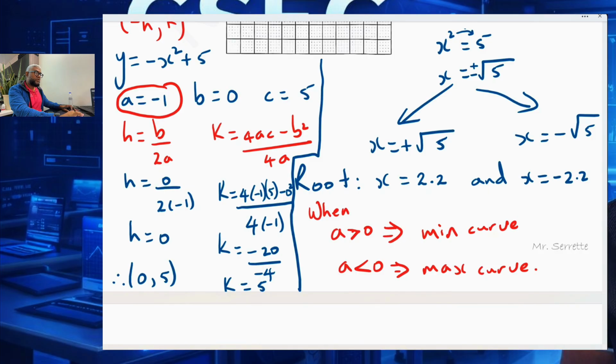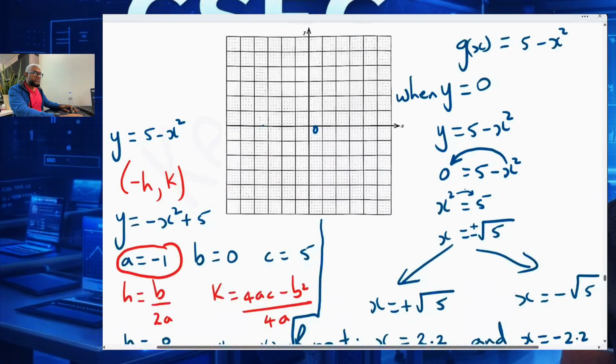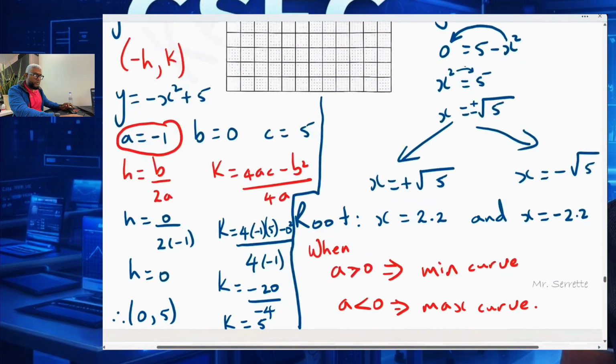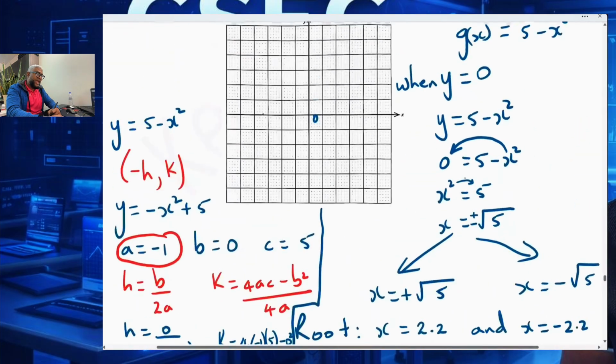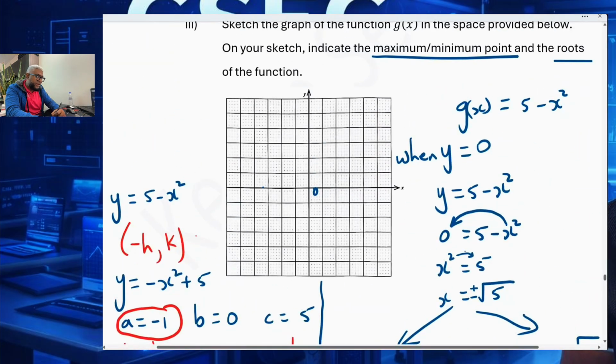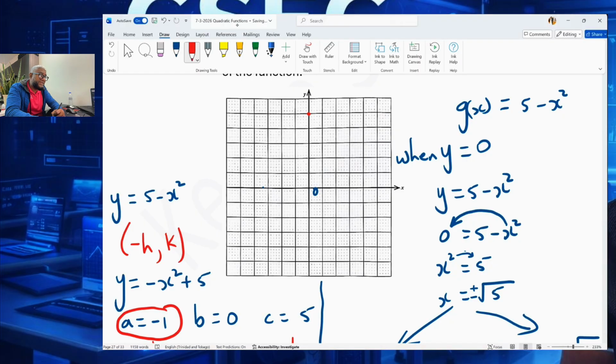Let's go. So we're going to plot the graph, right? So let me plot the maximum point first. 0 on the x and 5 on the y, right? So that'll be 1, 2, 3, 4, 5. So we on the y-axis. Everybody agrees? That's your maximum point. That's the top of the mountain. Then let me get our x-intercepts or our roots.